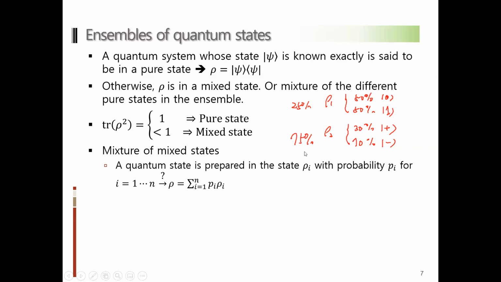And of course it can be described. The formula for this one is quite straightforward. All you have to do is multiply the probability of 25% to rho 1 and 75% to rho 2. That's the formula. The proof of this one is also straightforward.